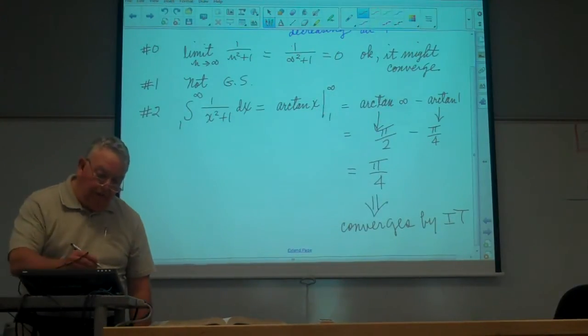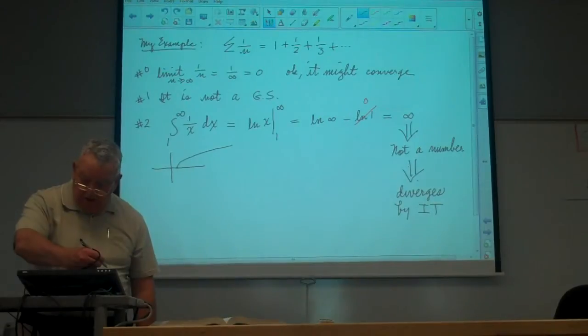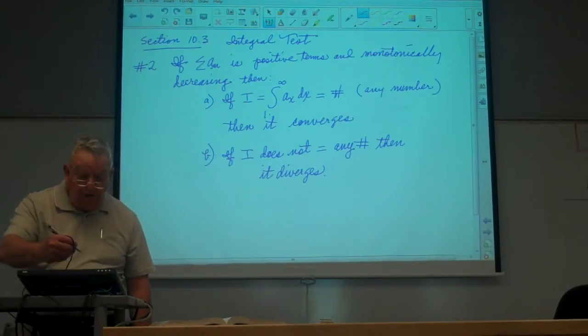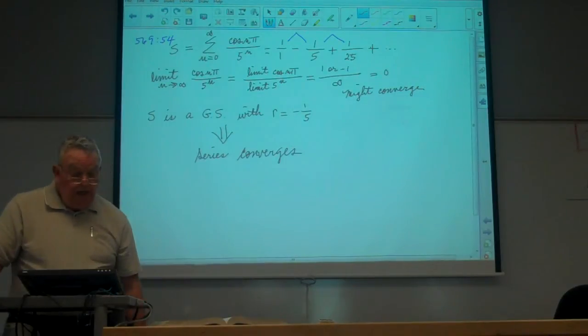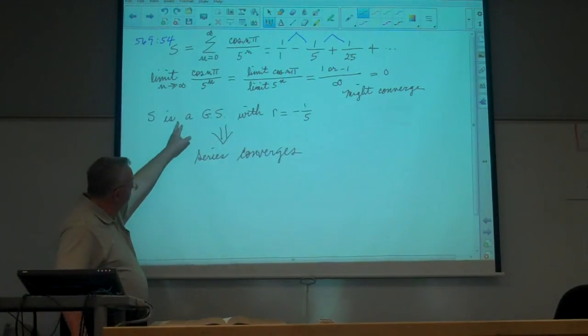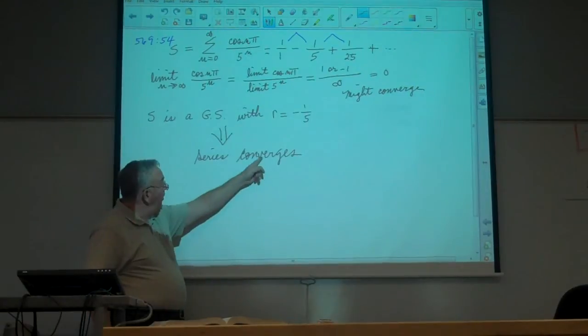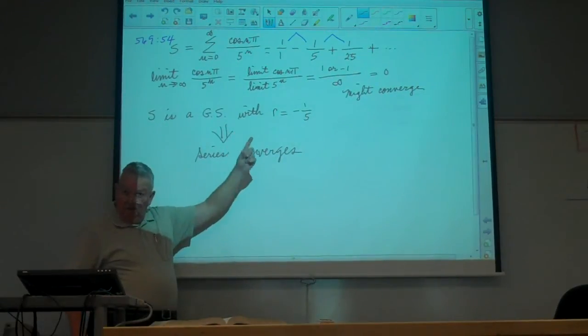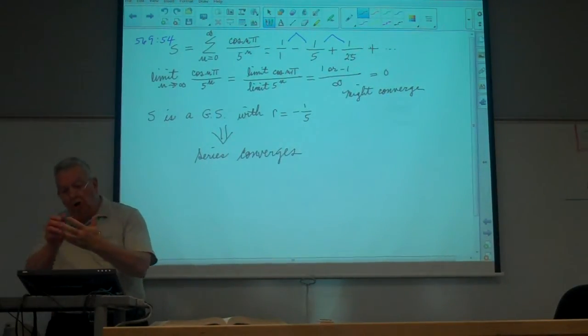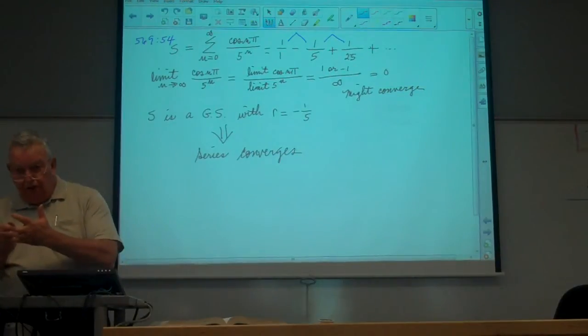And this one, I told you that the reason it converges is because of the geometric series test. So you've got to show me how you got to it converging.